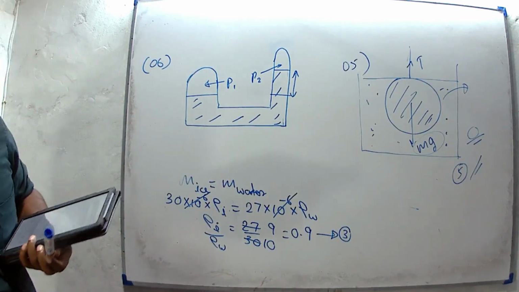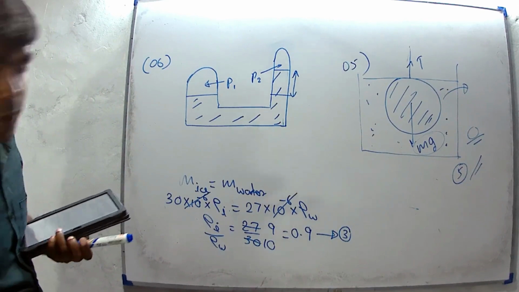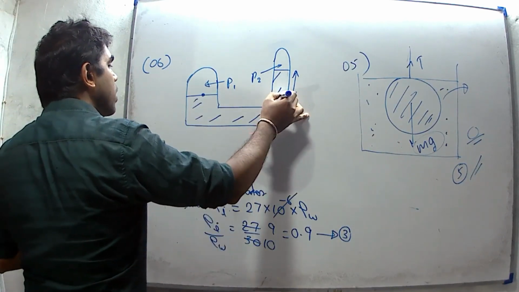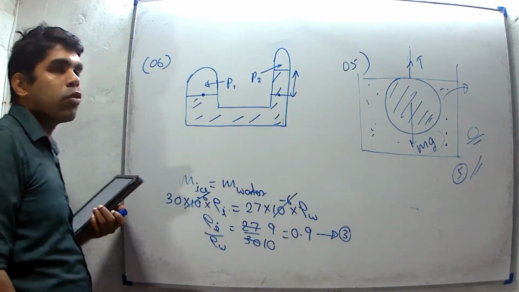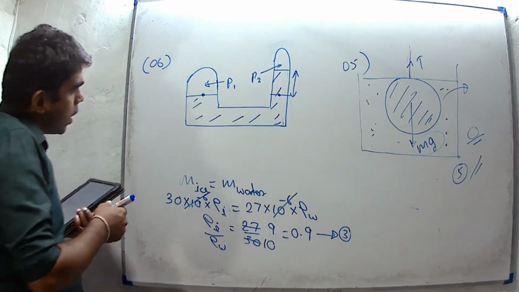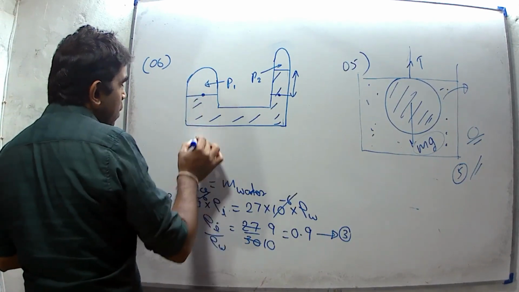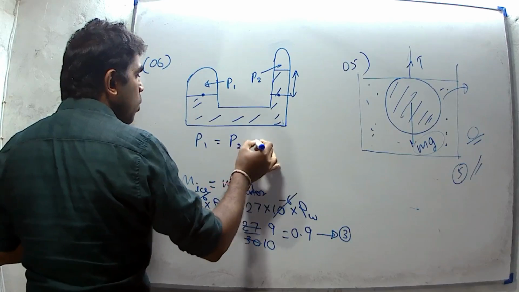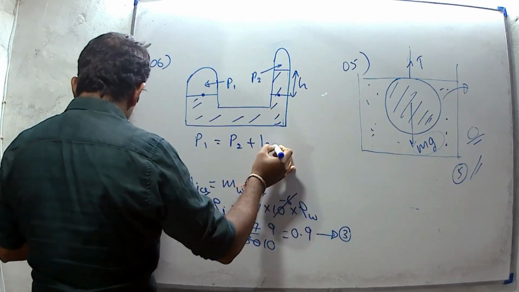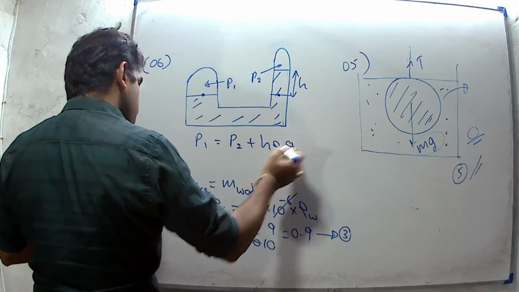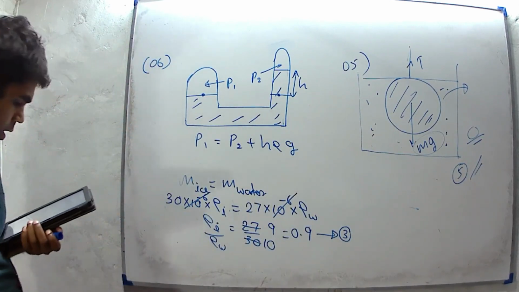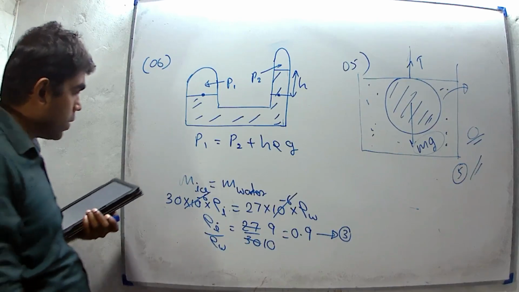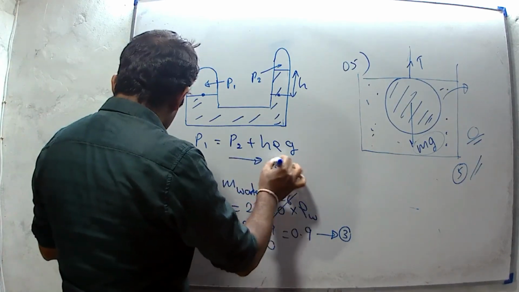According to Pascal's principle, the pressure at this point equals the pressure at this point, same level and same liquid. Then P1 should be equal to P2 plus H rho g. That is the answer, P2 plus H rho g. Answer 2 is correct for question number 6.